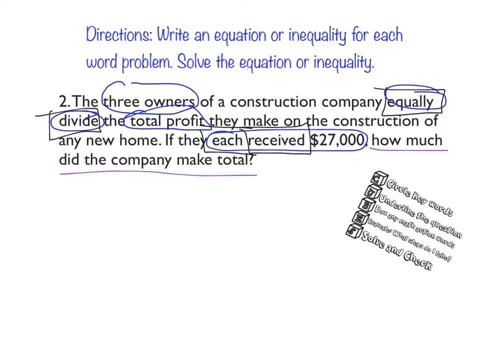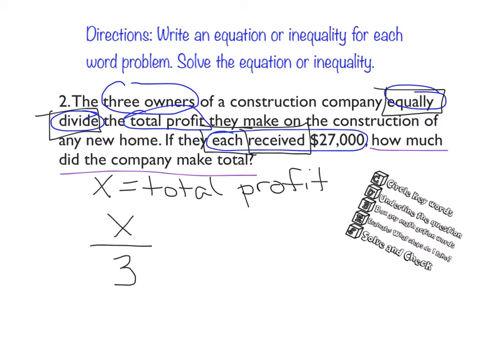So in my mind, I'm thinking the total profit is going to be divided by 3, but I don't know my total profit. So my total profit is going to be my variable. So I'm going to put that X is my total profit. So I have X, and the three owners are going to divide that by 3. And that's going to equal the $27,000 that they each individually get.